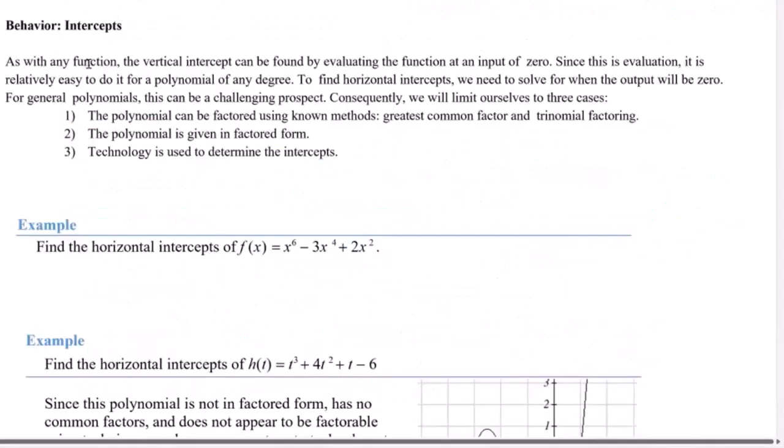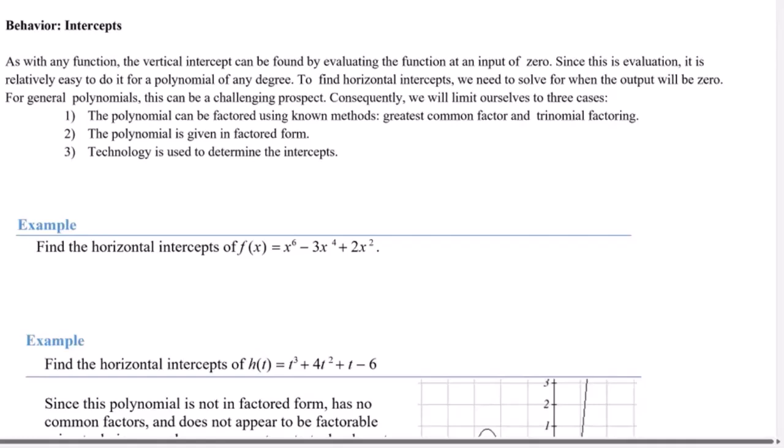So we want to talk about different behaviors and intercepts. As with any function, the vertical intercept, also known for us as the y-intercept, can be found by evaluating the function at an input of x equals 0.